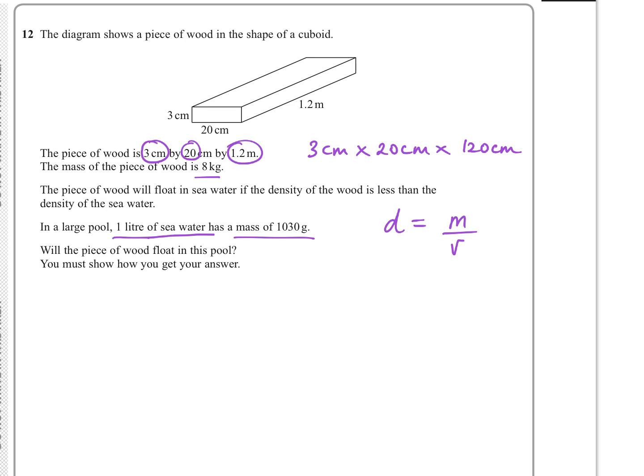So D equals M over V. So the density of the wood is the mass of the wood, which is 8 kilograms, over the volume. Now, we'll probably have this in kilograms per centimetre cube because I've put everything in centimetres. So it'll be over 3 times 20 times 120. And we can do the conversions afterwards if we want to. So we're going to have it in kilograms per centimetre cube.